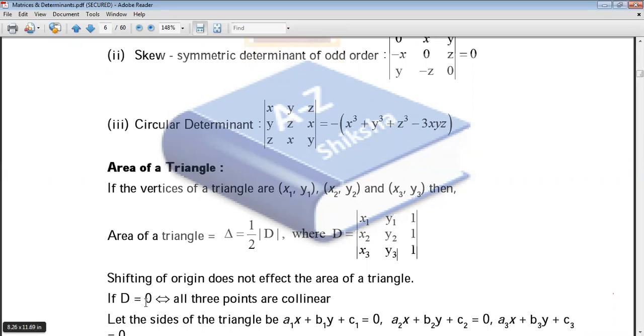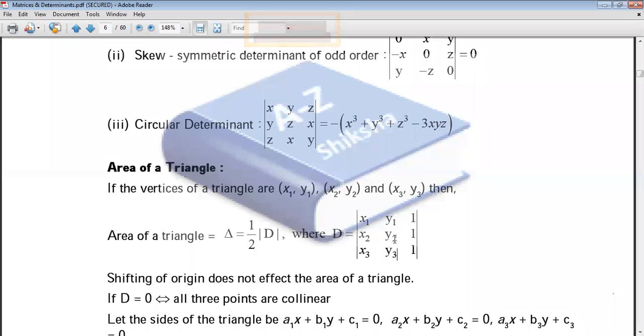If capital D equals 0, that means the determinant is 0. Suppose you have the values for x1 y1, x2 y2, x3 y3, and after plotting all those values in the determinant, you expand the 3 by 3 order determinant, and finally suppose you get the value of the determinant as 0.